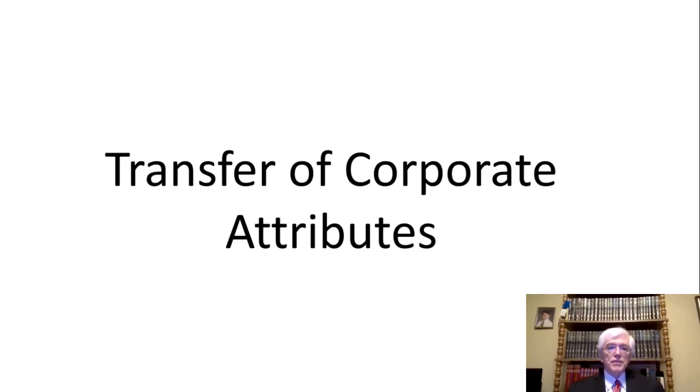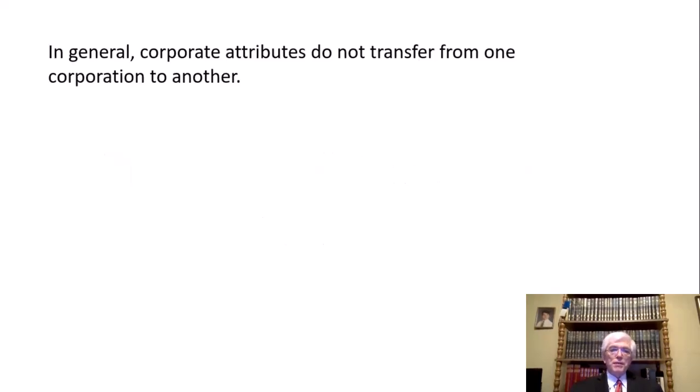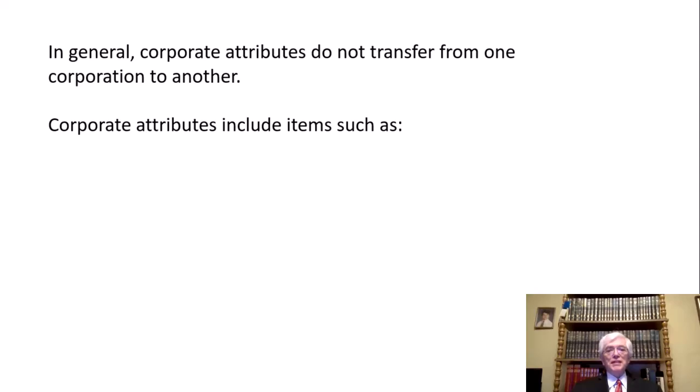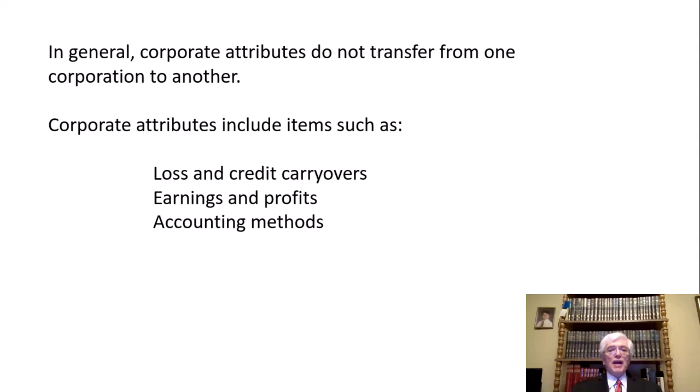Our final topic from Chapter 7 is the transfer of corporate attributes. In general, corporate attributes don't transfer from one corporation to another. Corporate attributes include such items as loss and credit carryovers, earnings and profits, accounting methods, etc. There's a long list.